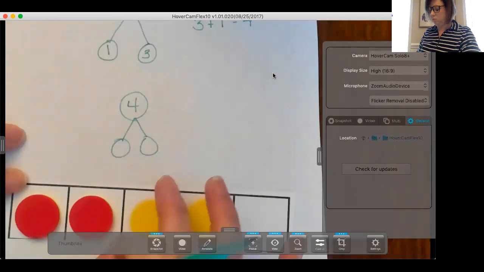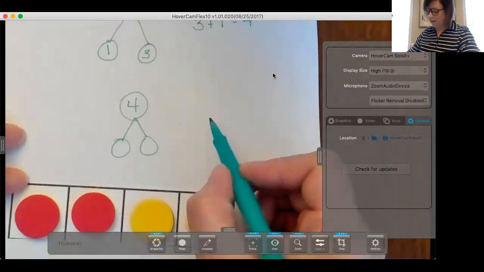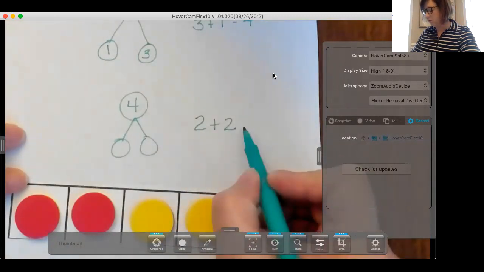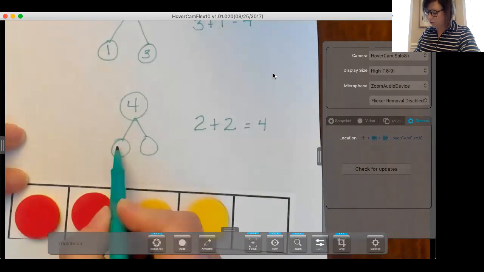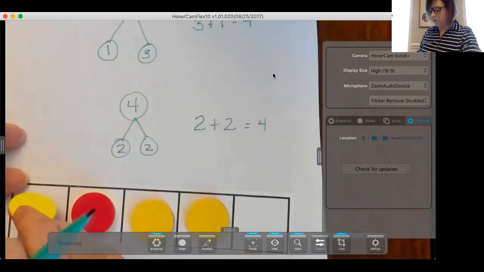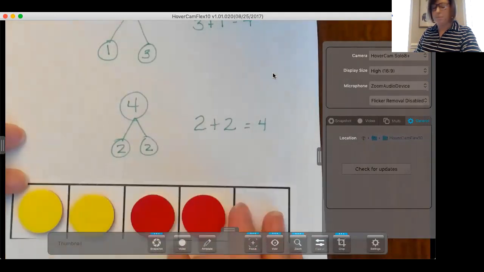Is 2 and 2 4? Yes, if you're adding it is. It's 2 reds plus 2 yellows equals 4. So I'm going to put 2 and 2 here. And it's the same thing if you flip them. 2 yellows and 2 reds. Okay? So that's the same number. Since it's the same number, we're not going to change it.